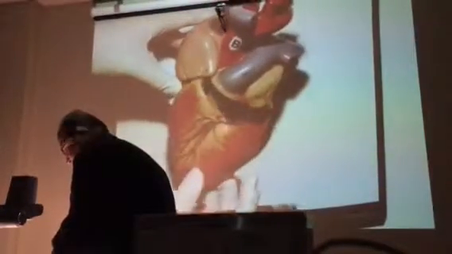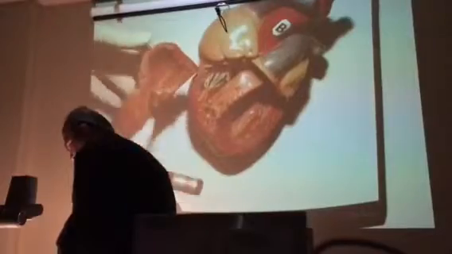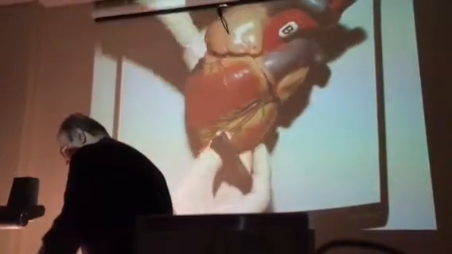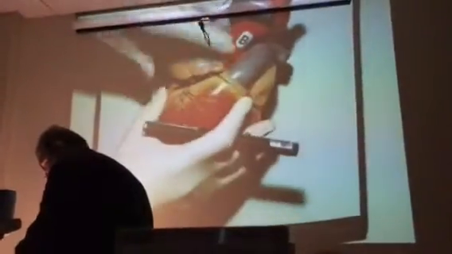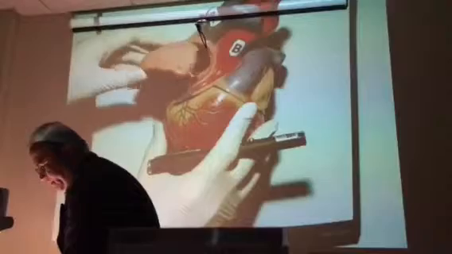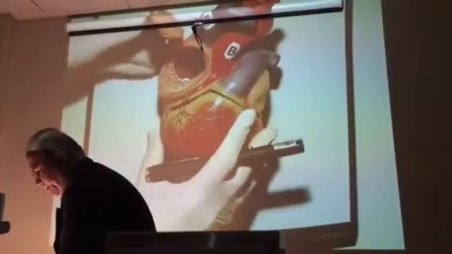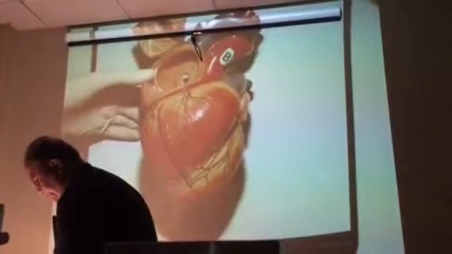Now, if I remove this like this, okay, if I remove it like this, before that I should remove the right atrium, so I am opening the right atrium, okay, and you see the cavity of the right atrium like this.